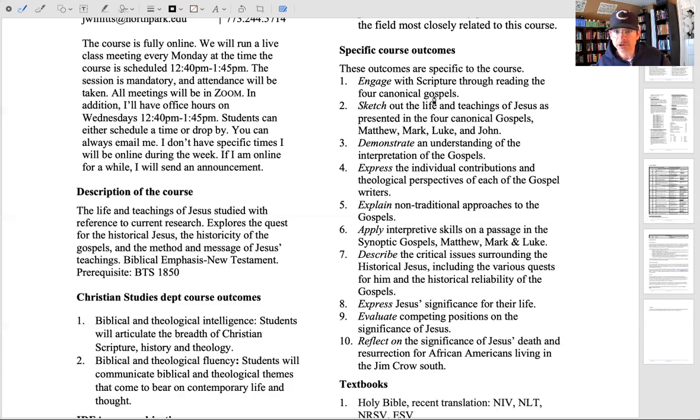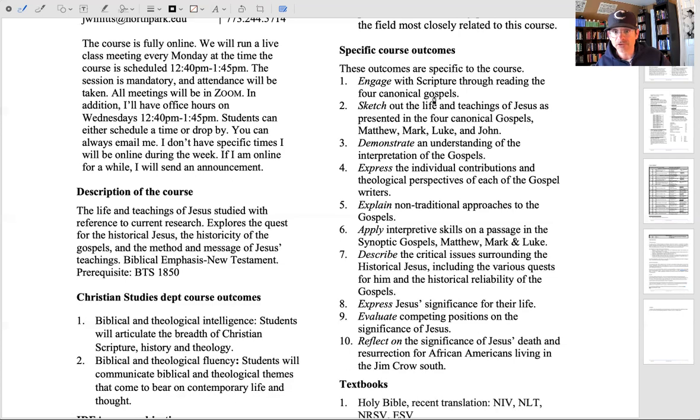Express the individual contributions and theological perspectives of each of the four Gospels. Explain non traditional approaches to the Gospels. Apply interpretive skills on a passage in the Synoptic Gospels. Synoptic Gospels, which we'll talk about, are Matthew, Mark, and Luke.